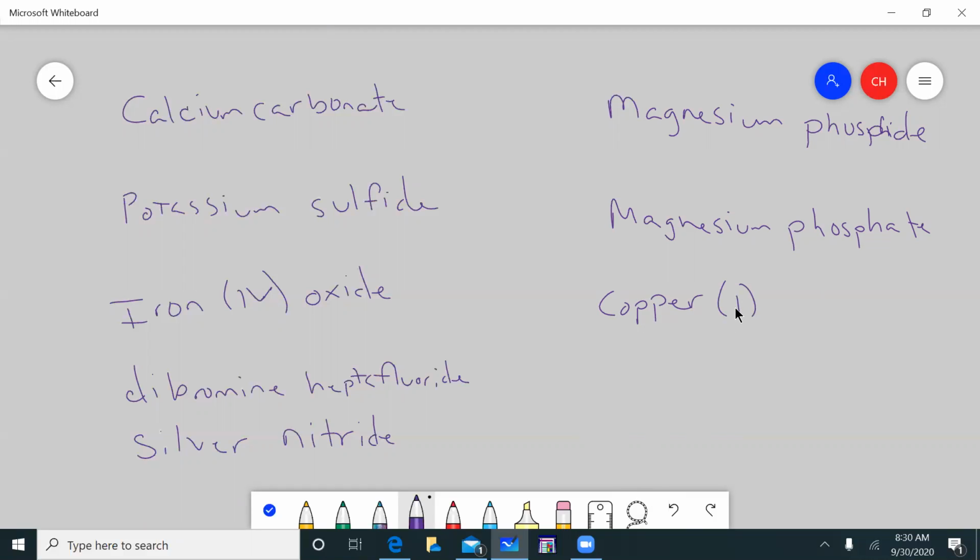Copper 1 sulfide. Copper 2 sulfate. Sodium fluoride.